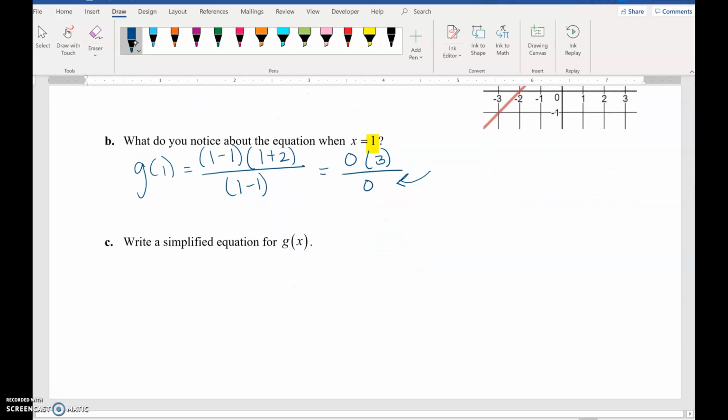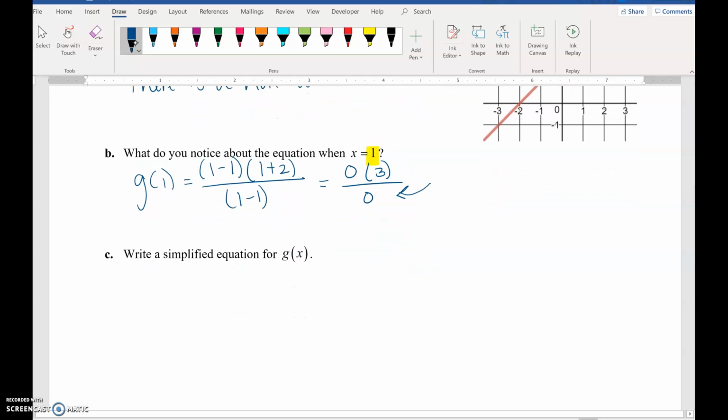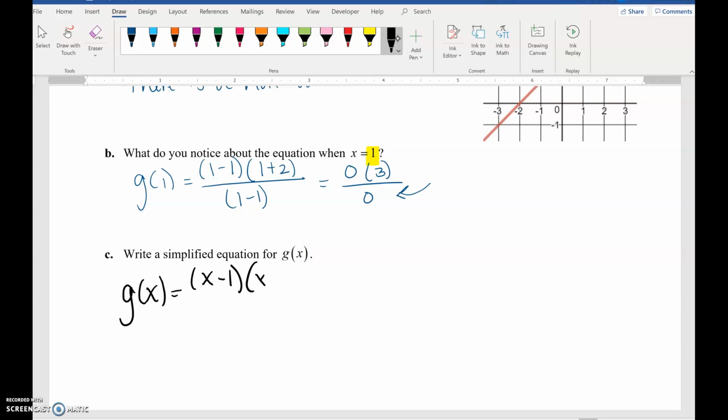So now let's write a simplified one just like before. Again, our function right now is g of x equals x minus 1, x plus 2, and x minus 1 on the bottom. So find your duplicates, one on the top, one on the bottom, right there. Those equal 1, so we don't actually need them.